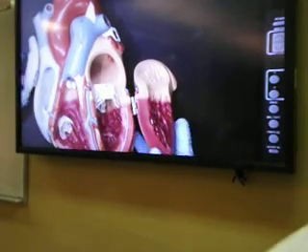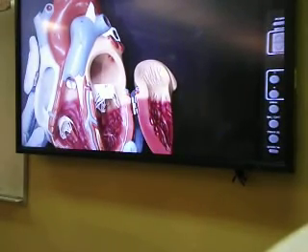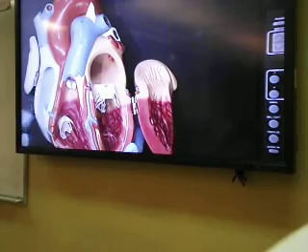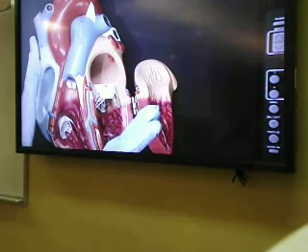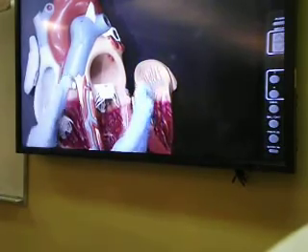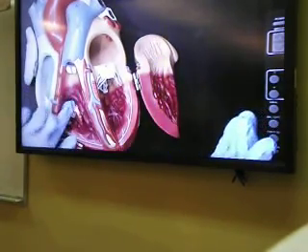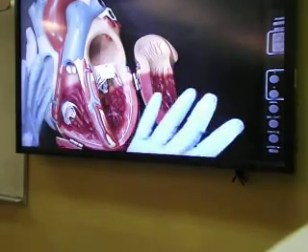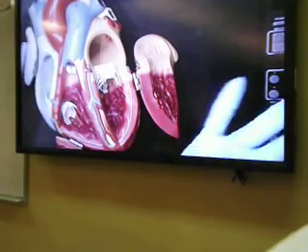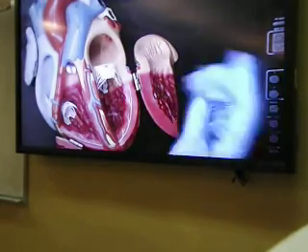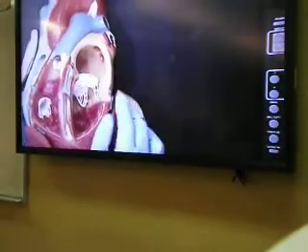Okay, so the whole idea here is this: when the tricuspid and bicuspid valves are open, that means during ventricular diastole, that means ventricles are relaxed, the semilunar valves will be closed.